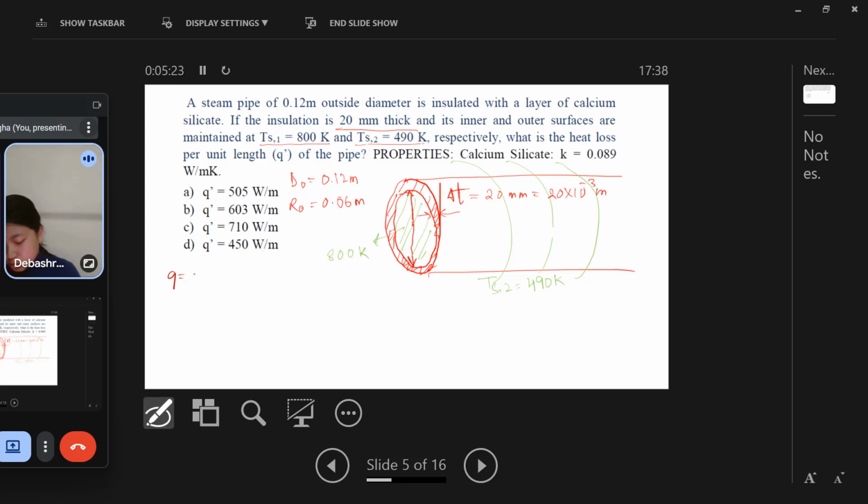Q is equal to minus 2 pi KL (T1 minus T2) divided by ln R1 by R2.